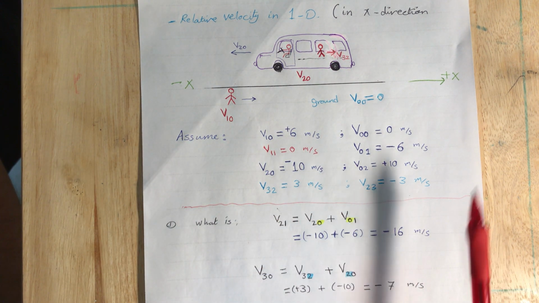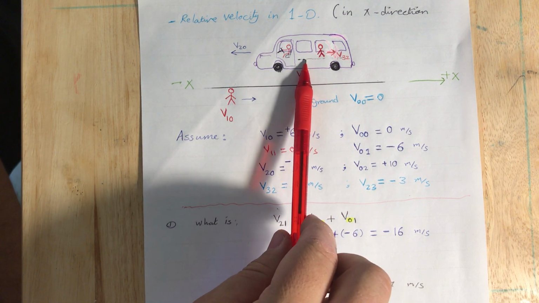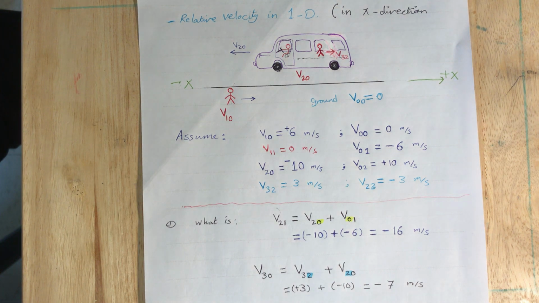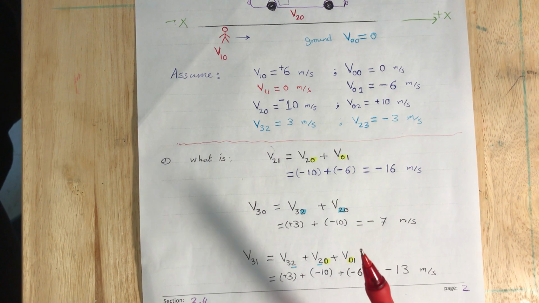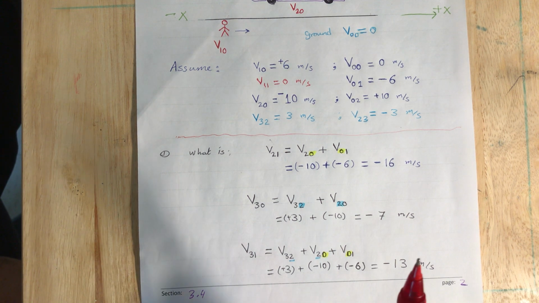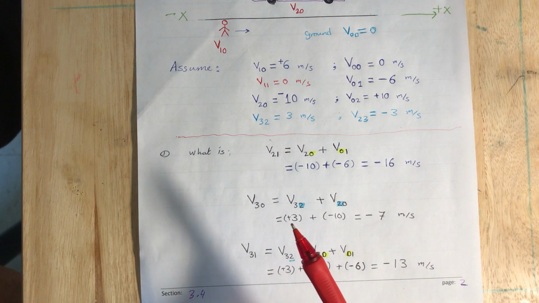What is the velocity of the bus with respect to that person? It is negative 3. So the person sees the body of the bus, with the person inside the bus, moving in the opposite direction with the same velocity. So this should not be weird when we solve numerical examples.